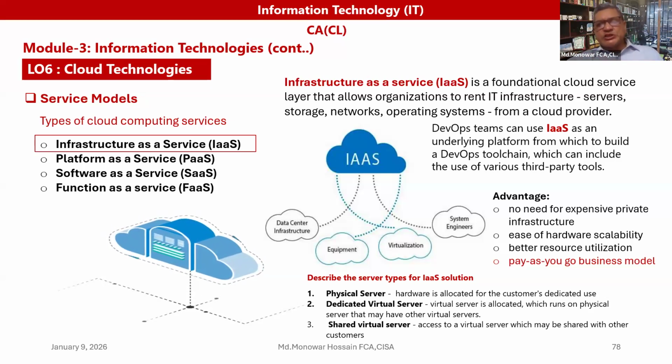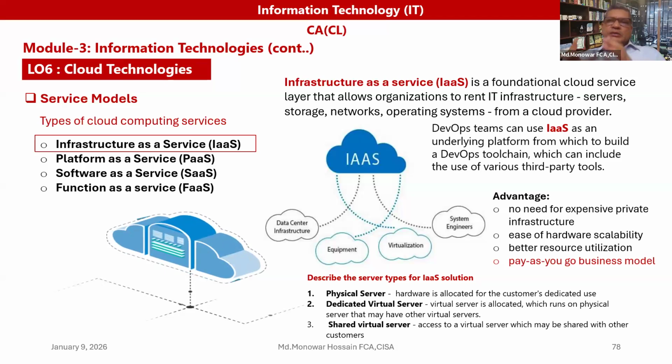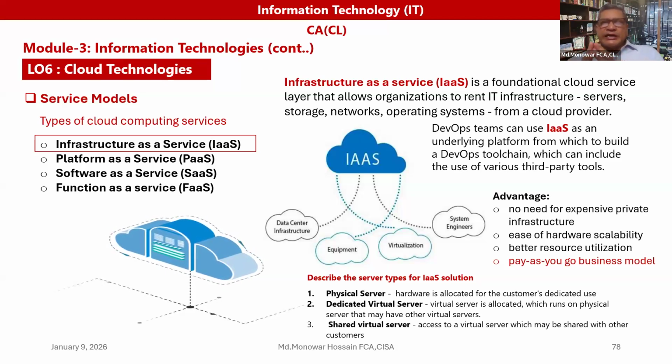A dedicated virtual server is allocated, which runs on a physical server that may have other virtual servers also. And a shared virtual server gives access to a virtual server which may be shared with other customers. A partial allocation can be used by an organization.